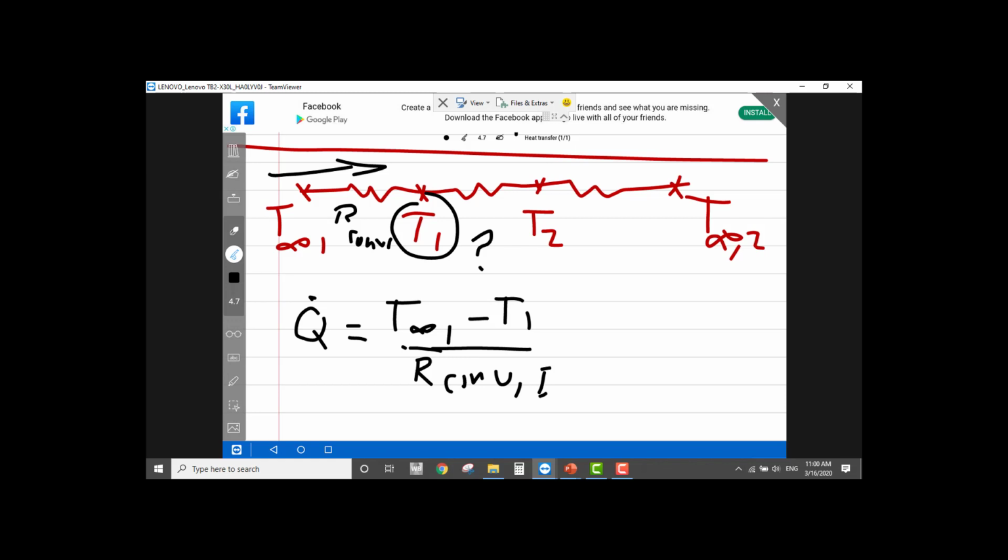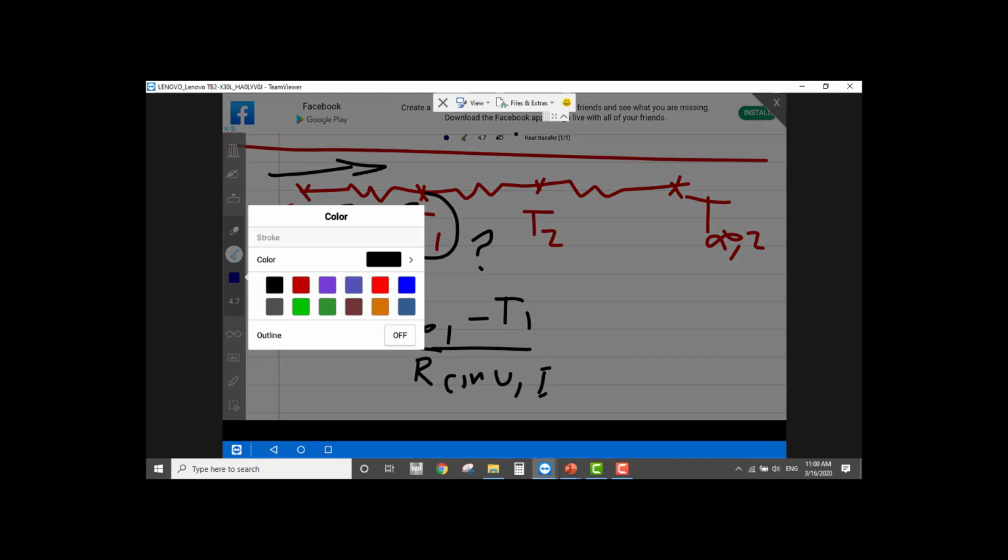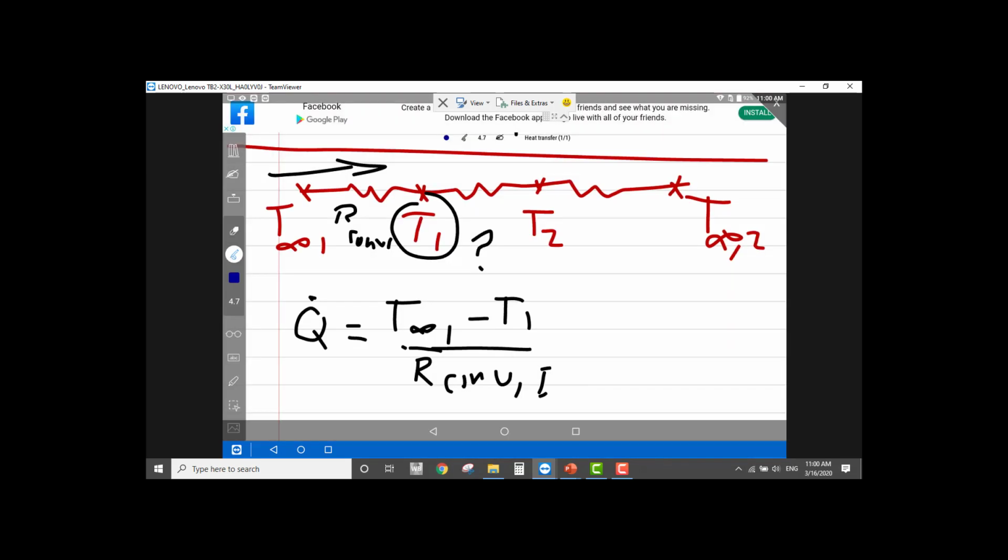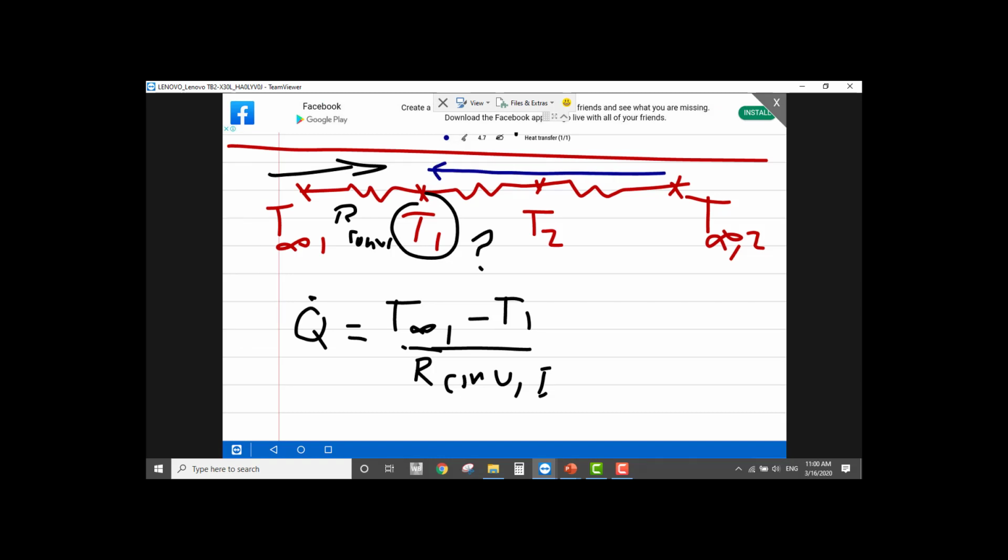Or we can tackle it from the other direction, from here, in order to reach T1. If we use the other direction, because Q is constant along each resistance, this is R wall, and here we have R convection 2.